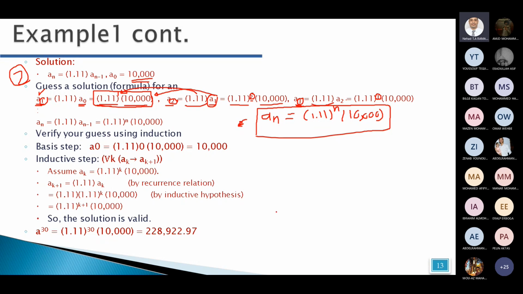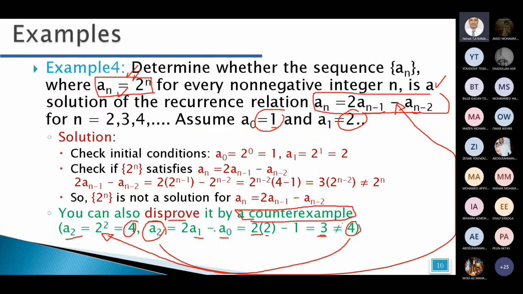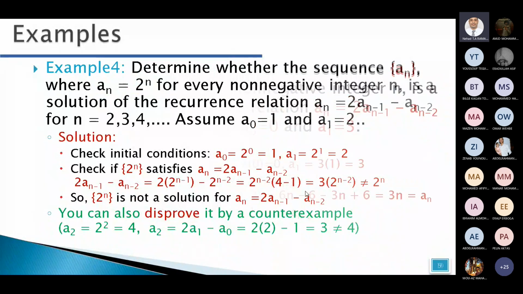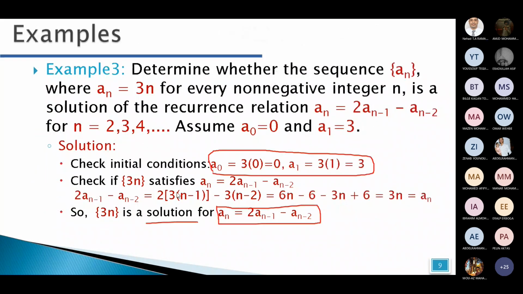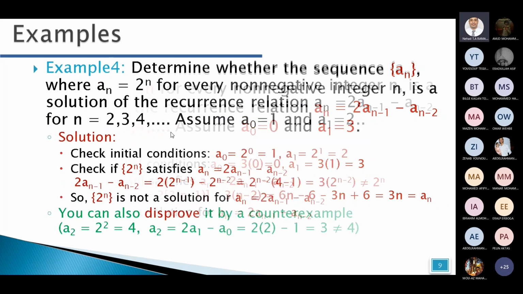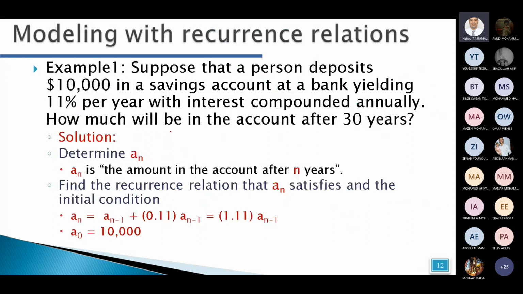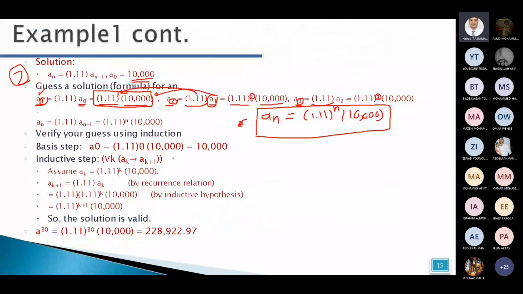We have many ways, and we already gave you some here. One way is to start from the recurrence relation and get the solution. We also have another way that we already took before, which is proving by mathematical induction.